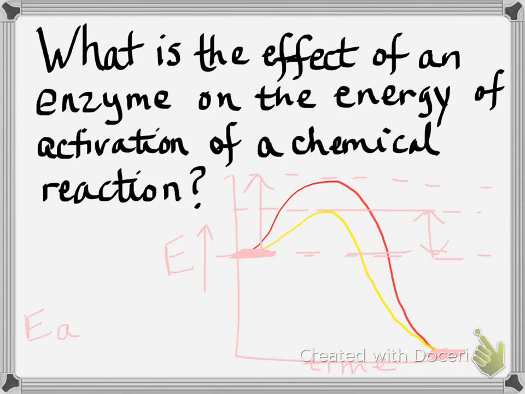Now, one of these lines, the red one, and one of these lines, the yellow one, one's with an enzyme, one's not with an enzyme. Would it be the yellow one or the red one that has the enzyme?